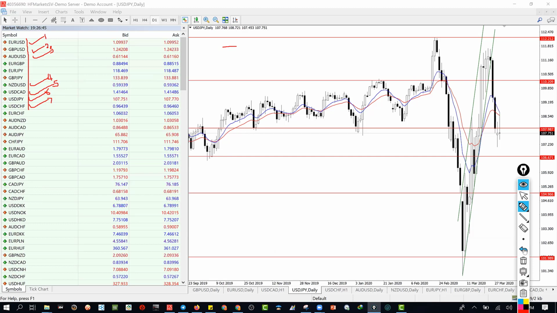Hang on, I'm going to give you an explanation first. So the number one characteristic, if you want to figure out whether a pair is a major currency pair, is that it must be paired against the American dollar.